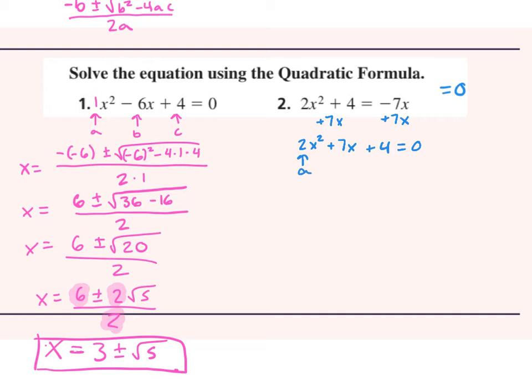We have our a, our b, and our c, and we plug in. So our formula is negative b plus or minus the square root of b squared minus 4 times a times c, over 2 times a.